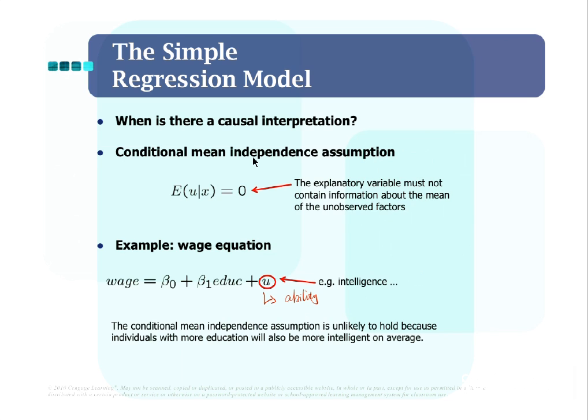So it requires that, for example, the expectation of one's ability conditional on education equal to 9 years equals the expectation of one's ability conditional on education equal to 12 years.